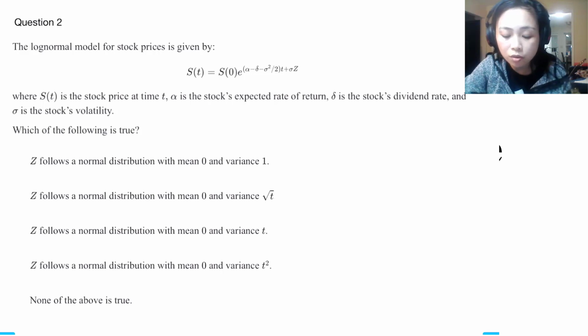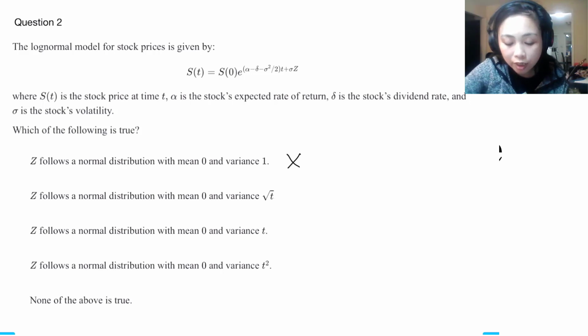Alright, so before I work on this problem, I have to say one thing clearly, because many of you probably are not going to read the question carefully and will pick the first answer right here, but this is not a correct answer. There is a problem between finance and statistics. In statistics, we denote Z as the standard normal distribution, and we never use Z for any other normal distribution except standard normal distribution.